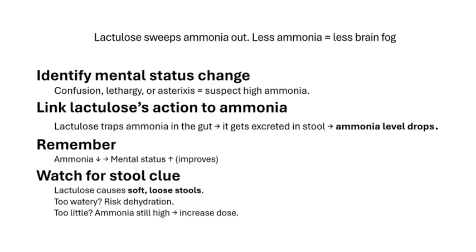Identify mental status change. If confusion, lethargy, or asterixis, it means there is a high ammonia. Link lactulose action to ammonia. Lactulose traps ammonia in the gut, which gets excreted in the stool and the ammonia level drops. Remember, ammonia decreases, mental status improves.